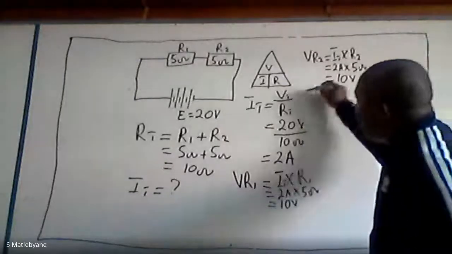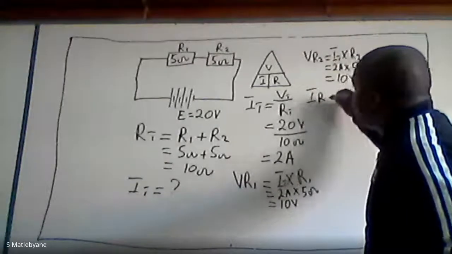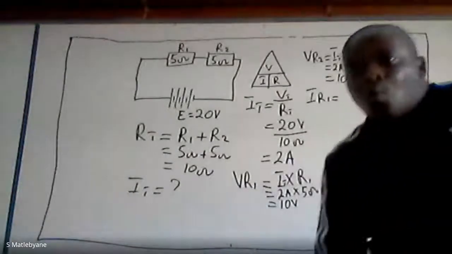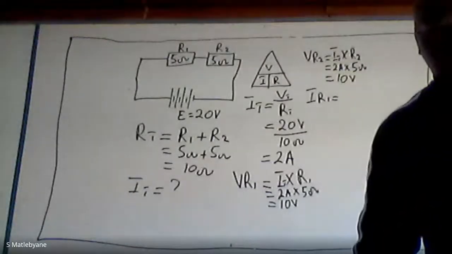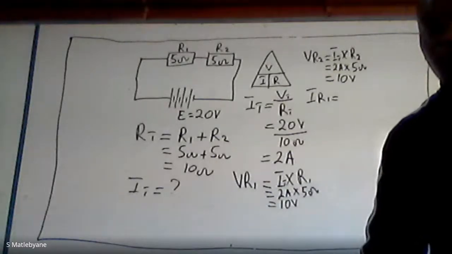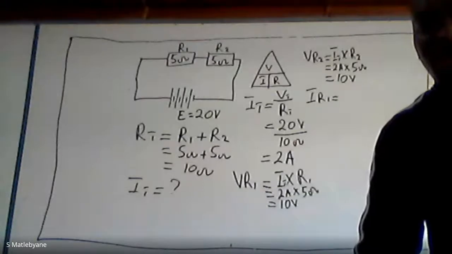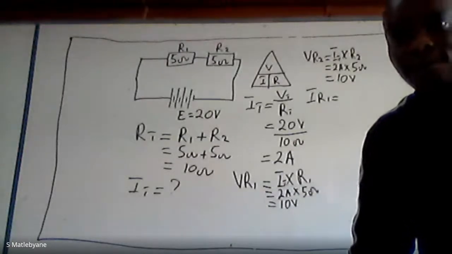Now, one last one. Calculate current across resistor 1. What is our current across resistor 1? What is the current across resistor 1?